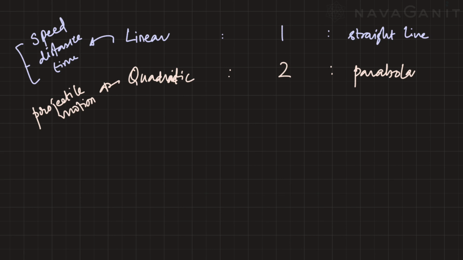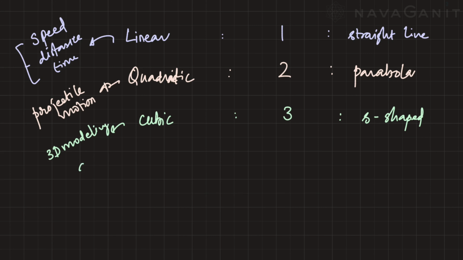Then we have seen cubic polynomials, which have degree 3 and are represented using an S-shaped curve. These are used in 3D modeling, and they are also used for designing curves in engineering. Next, we have seen biquadratic polynomials with a degree 4.